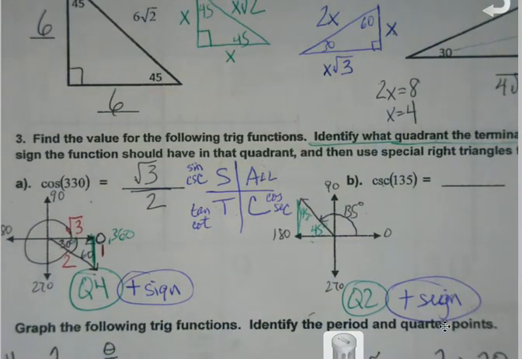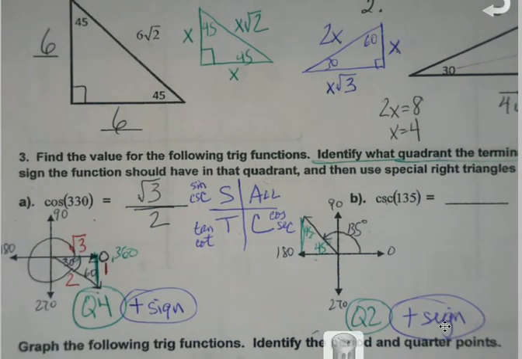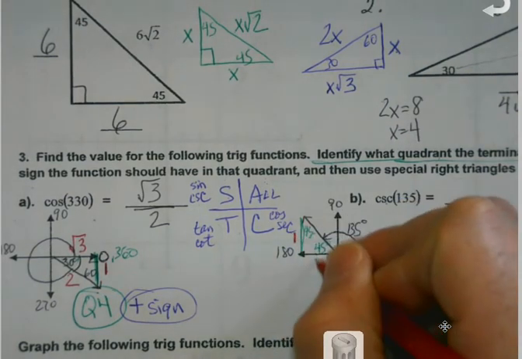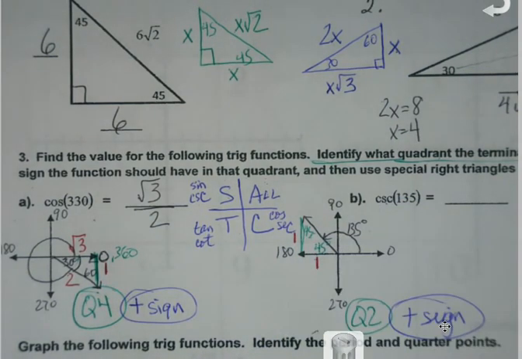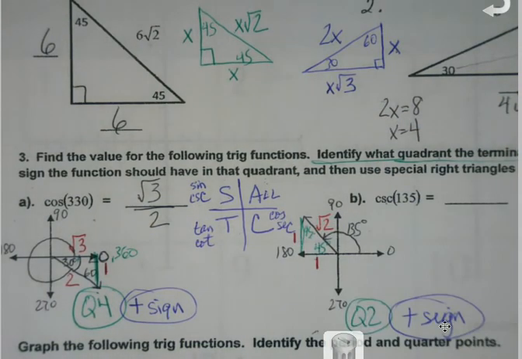So I get a little bit of a visual picture to go along with it. My 45, 45, 90, again, we're still replacing the x's with 1s. So both of my legs would be 1. And then over here, my hypotenuse is the square root of 2. But again, I have to know my forms to be able to do that.